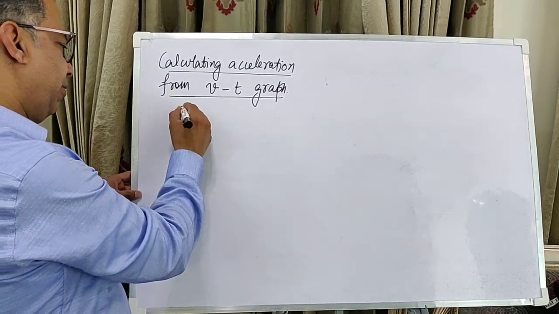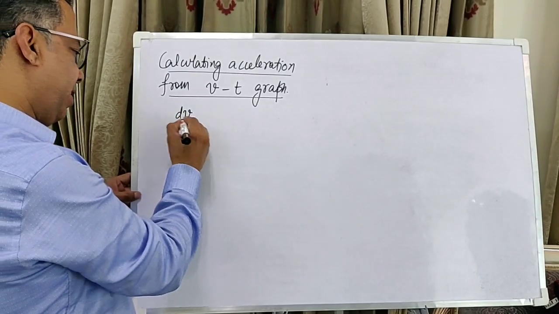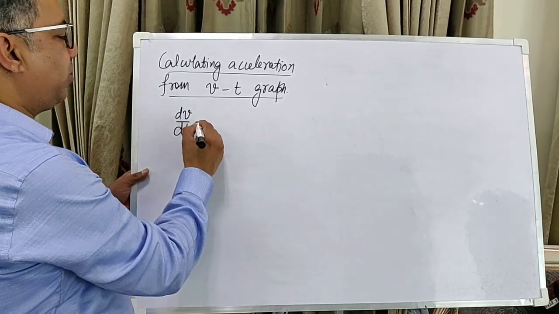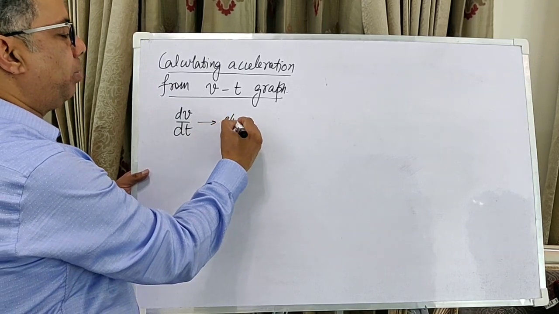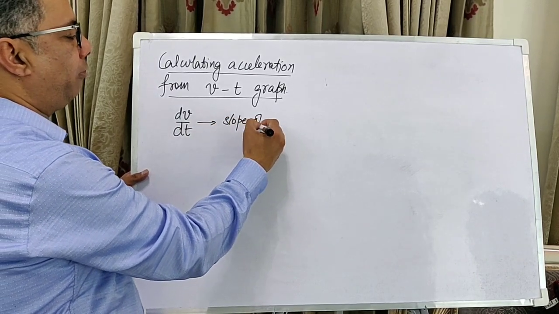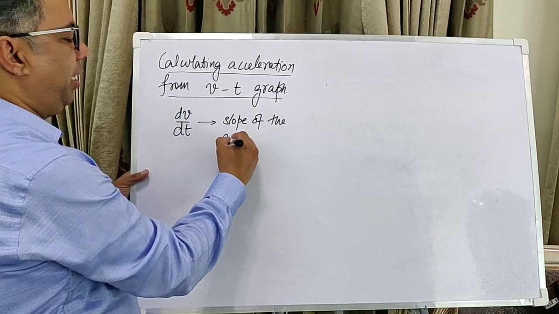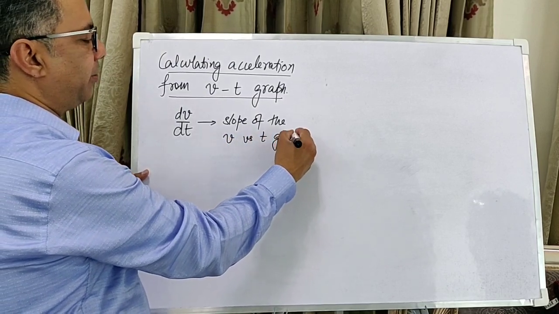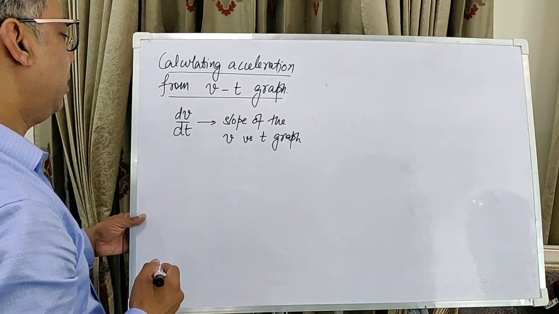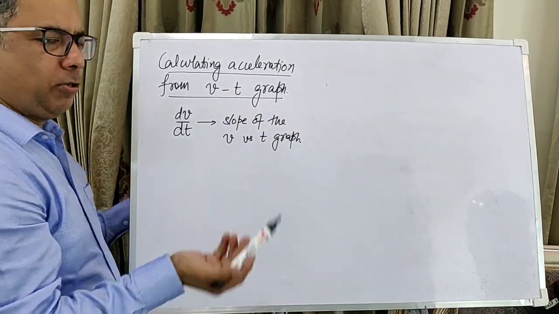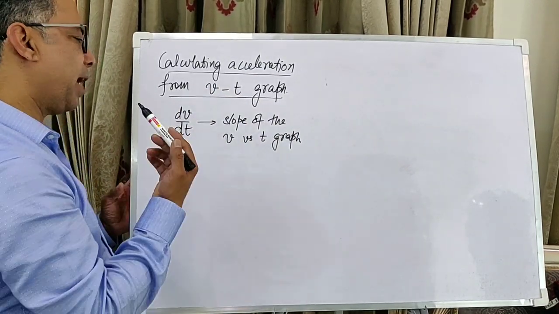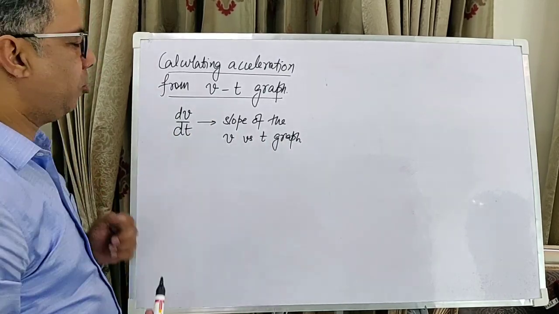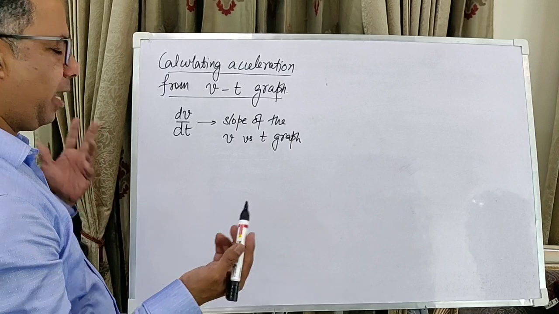Now we are fairly conversant with this. dv by dt would actually be the slope of the V versus T graph. So all you need to do is to calculate acceleration at any given instant, just calculate the slope of the VT graph and you're done.